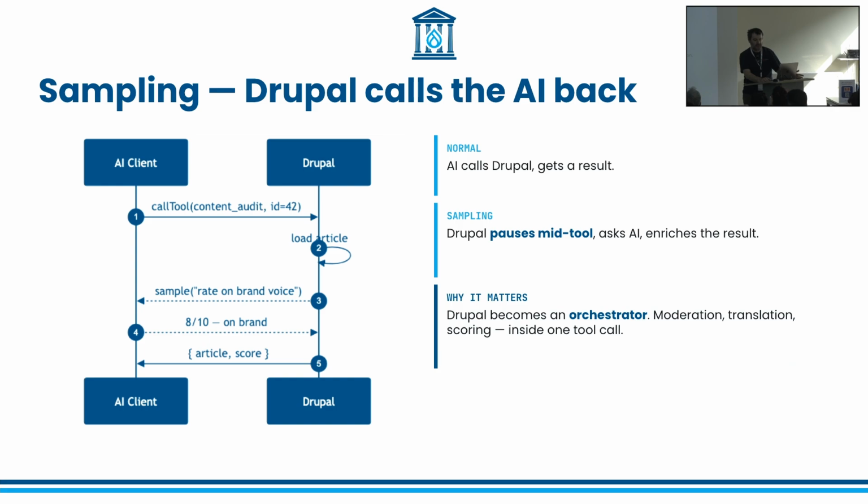Drupal can use that answer and return the final answer. This is important because in that case you can use it for translation, moderation, summarization, without any LLM inside Drupal. So it's your own LLM, you pay for that, and you can use MCP to use that LLM outside Drupal. So it's pretty cool.